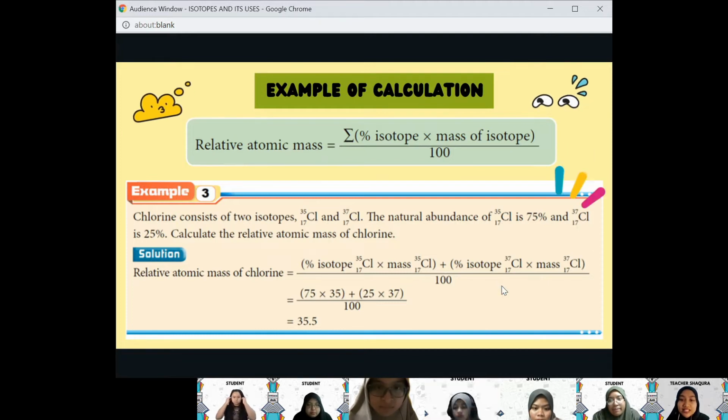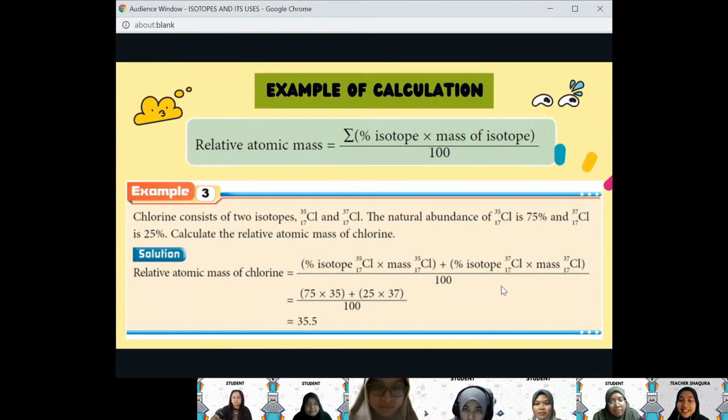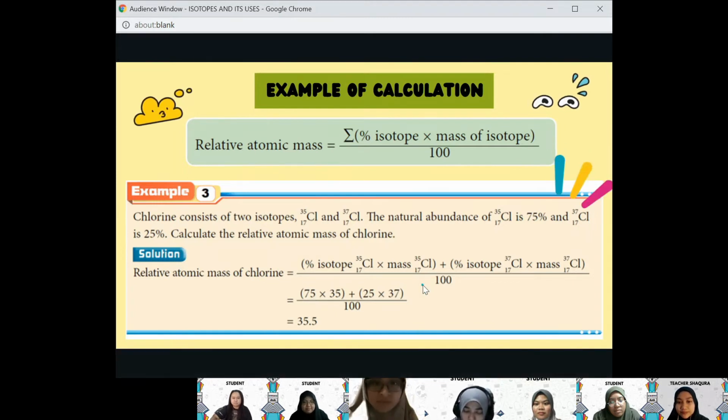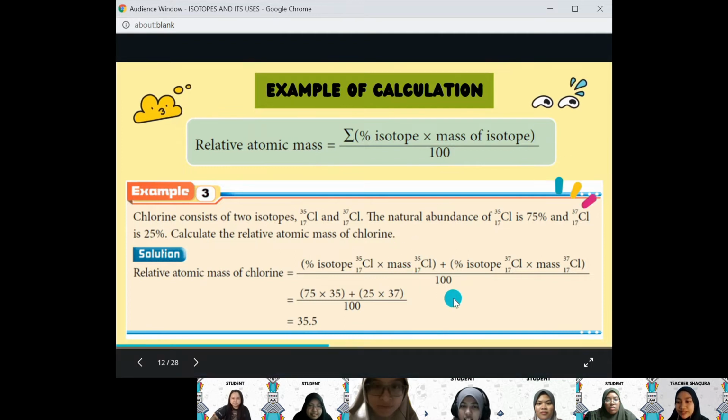Can I have Francesca? What is the percentage isotope of chlorine-35? 75. Yes, correct. And how about the mass of chlorine-35? 35. Yes, correct. How do you know the mass of chlorine-35 is 35?